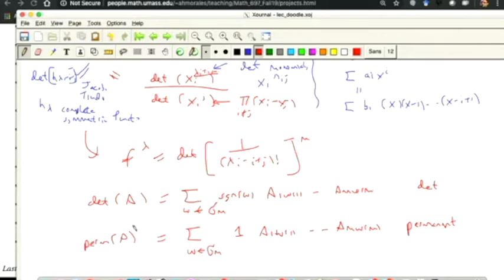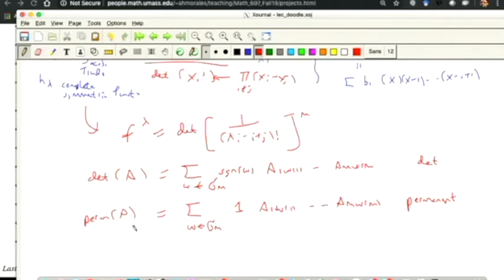What's an immanant? We can view the sign in the sum for the determinant as the value of the sign representation, and we can view the 1 in the permanent as the value of the trivial character. So what if we replace that by the value of a character chi lambda at w? This is what an immanant is called.